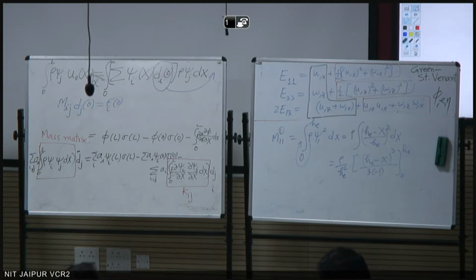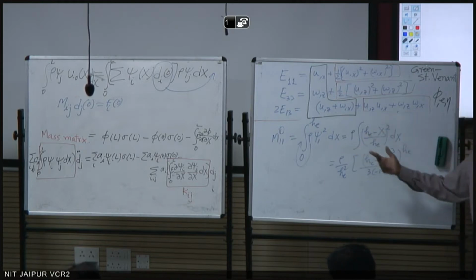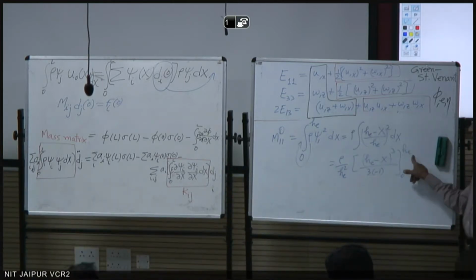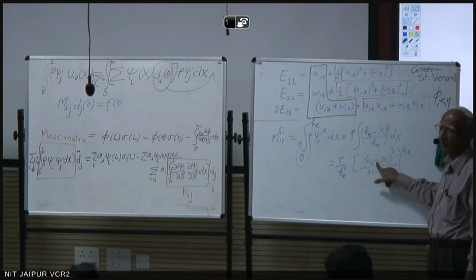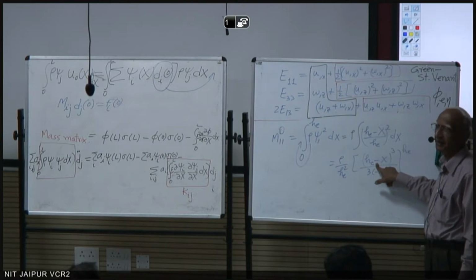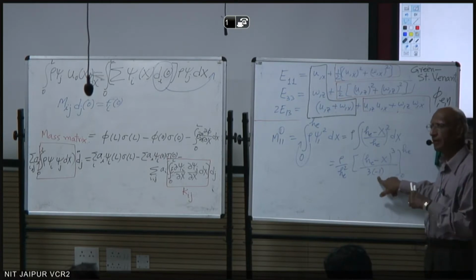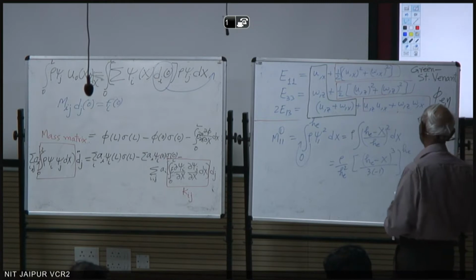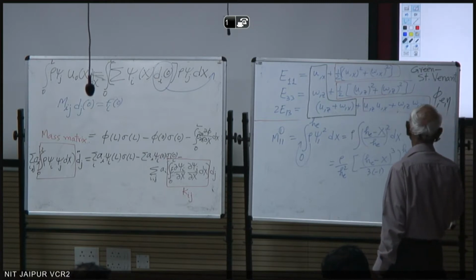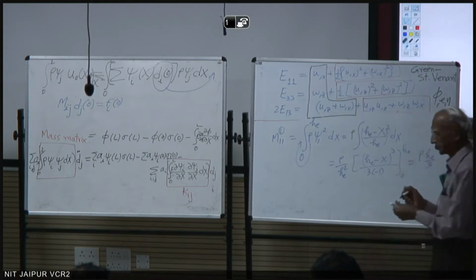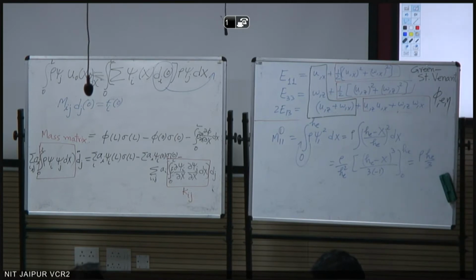I guess it's not hard to integrate this. At the upper limit, 0. At the lower limit, HE cube, then minus and minus will cancel. So we get rho HE over 3. Is it okay?